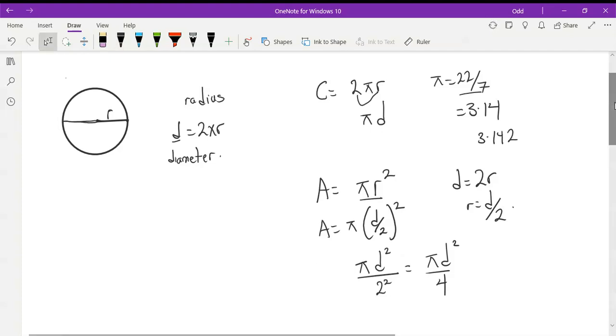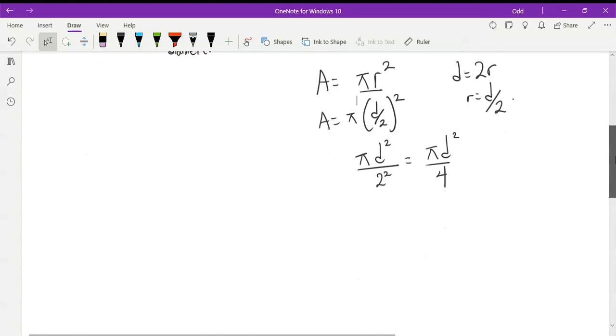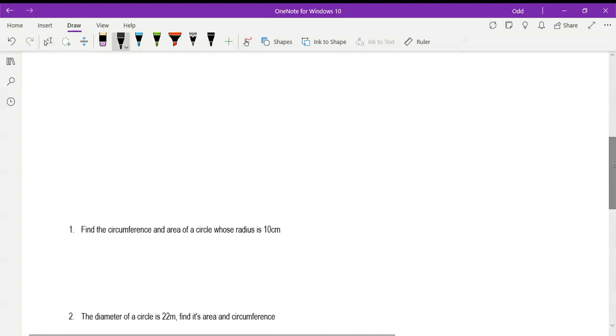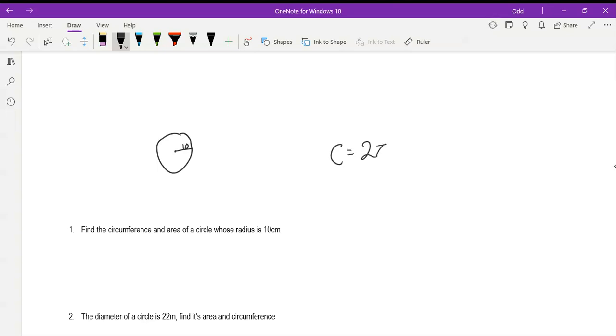So let's try and solve some questions now. Find the circumference and area of a circle whose radius is 10 centimeters. You can visualize that if you want, just draw a circle. The radius will be 10 centimeters. The formula for the circumference is 2 pi r.